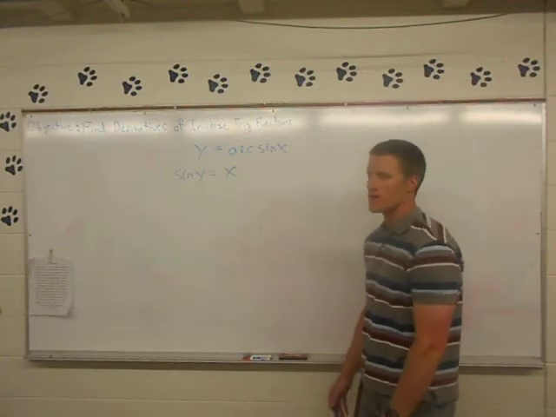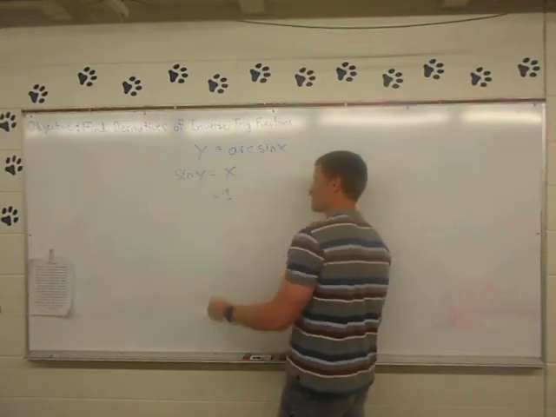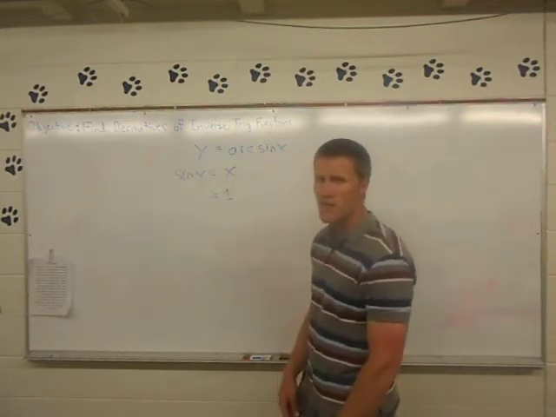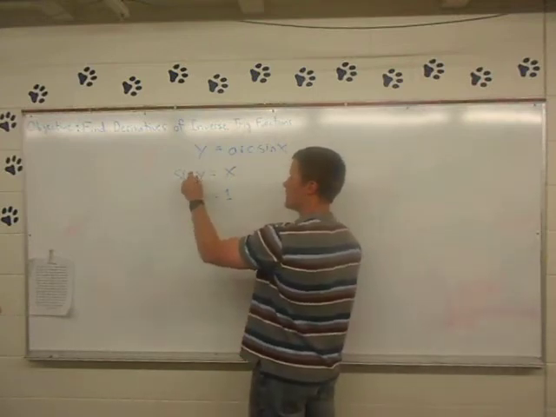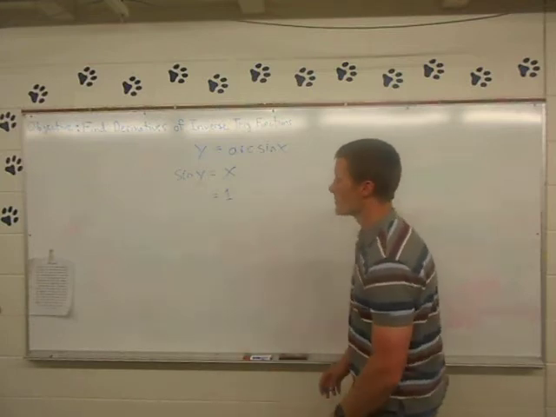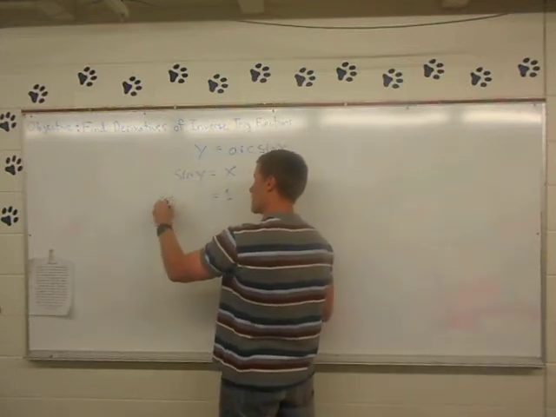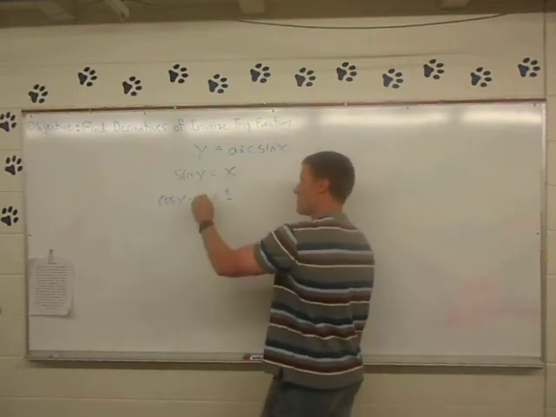Now let's differentiate with respect to x. I'll do the right side, you can do the left side. Just kidding, I'll help you out. So sine u, this is implicit differentiation. We've got sine of u, but we're doing it with respect to x, the variables don't agree. So the derivative of sine u is cosine u times u prime.